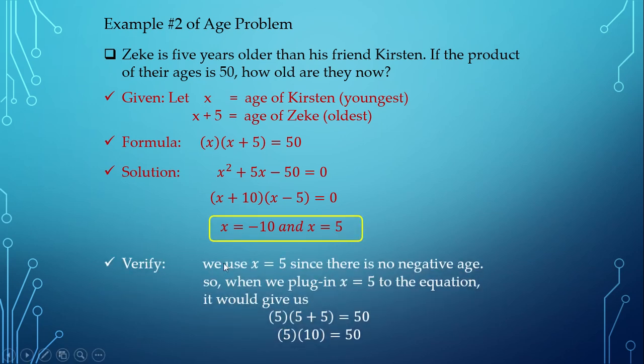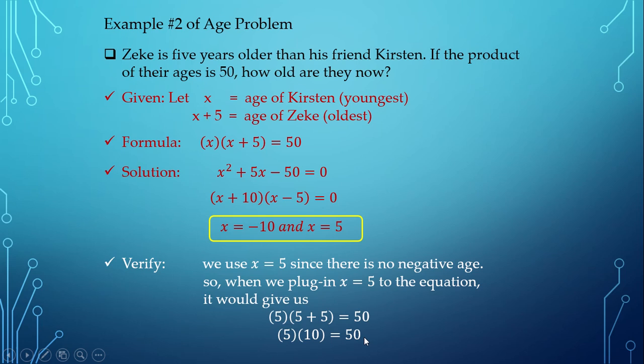So if we will use the value of x which is positive 5, since there is no negative age, when we substitute the value of x which is 5 to the equation, x times x plus 5 equal to 50, when x is 5, 5 in the first parenthesis, and x plus 5 in the second parenthesis, that is 5 plus 5 equal to 50. 5 plus 5 in the second parenthesis is 10, times 5 in the first parenthesis, that is exactly 50.